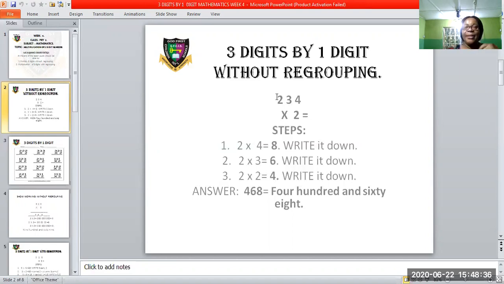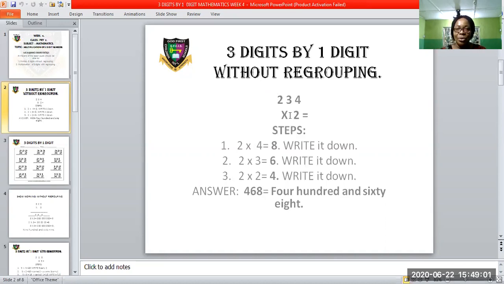Remember also that by now you should have familiarized yourselves with the multiplication table up to number 12. Therefore, we say 2 times 4 is 8. Write 8 in your answer slot.